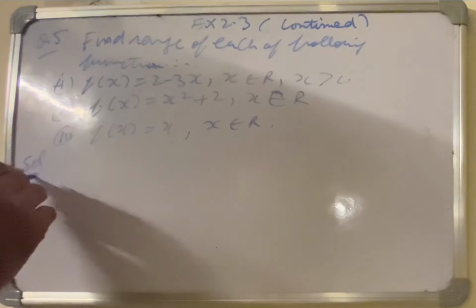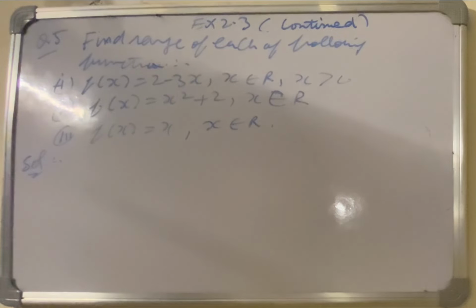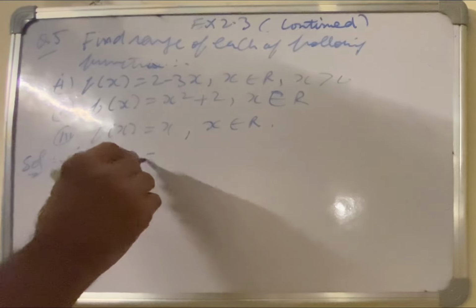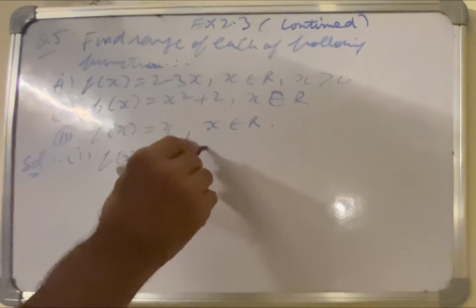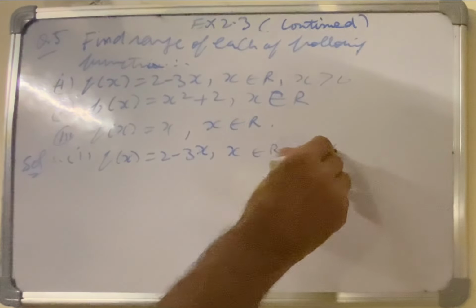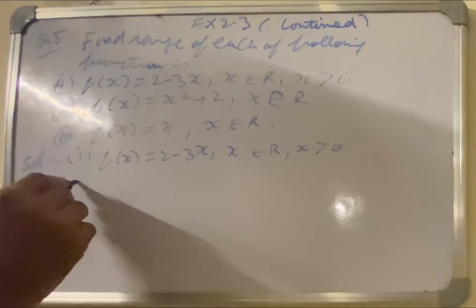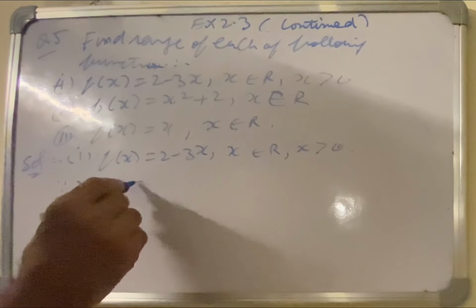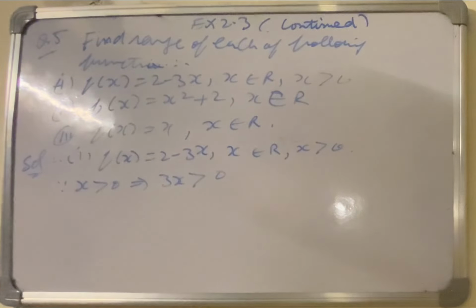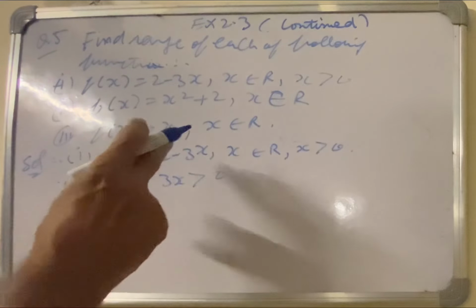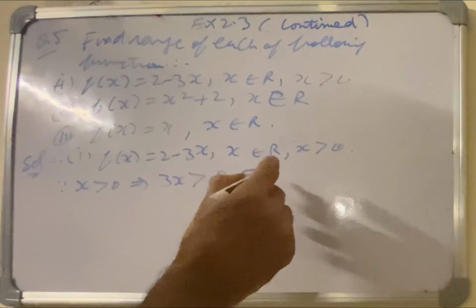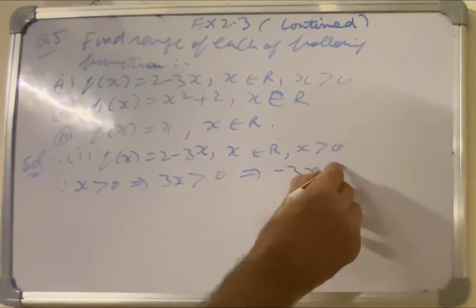Solution. First part, we have f(x) is equal to 2 minus 3x, x is a real number and x is greater than 0. Since x is greater than 0, so 3x is greater than 0, we have multiplied both sides by 3. Then to get minus sign, we multiply by negative sign. Minus 3x is less than 0.